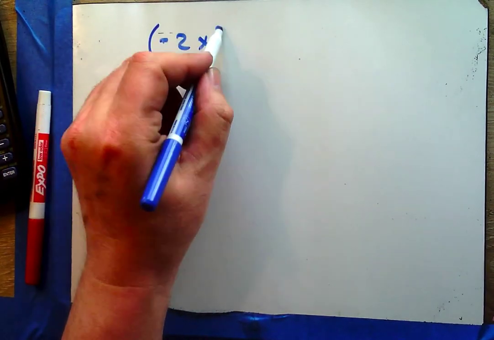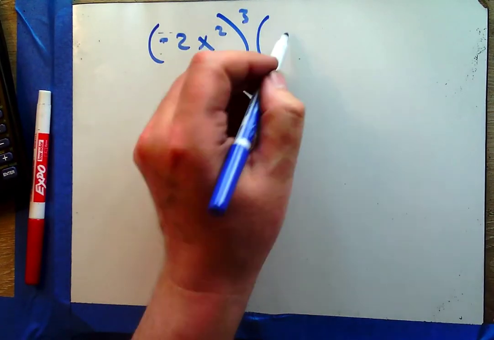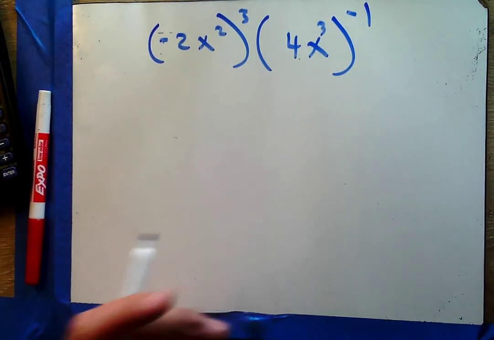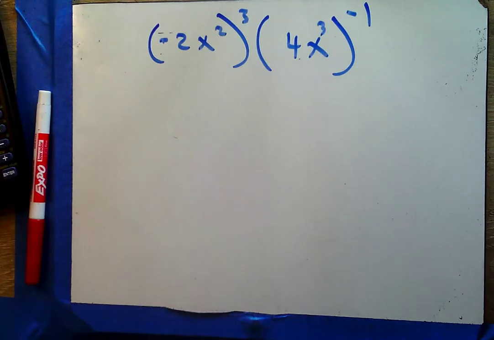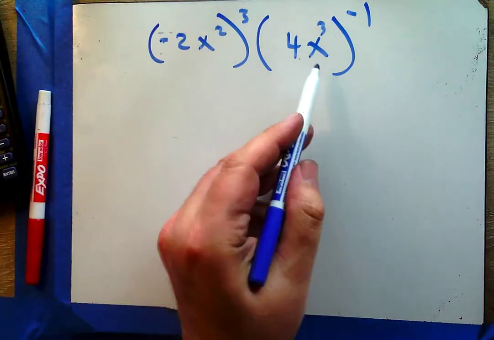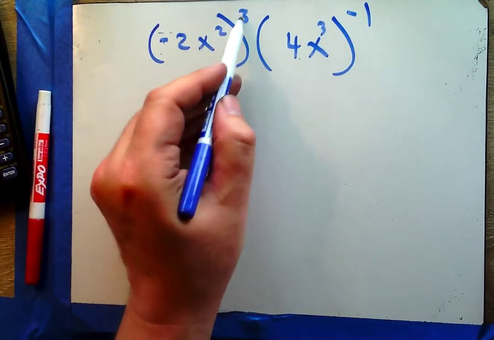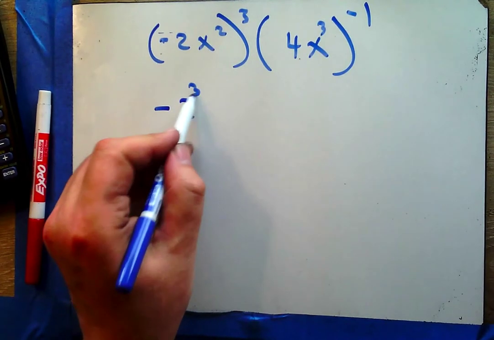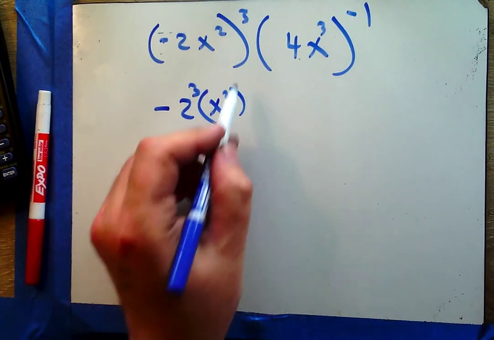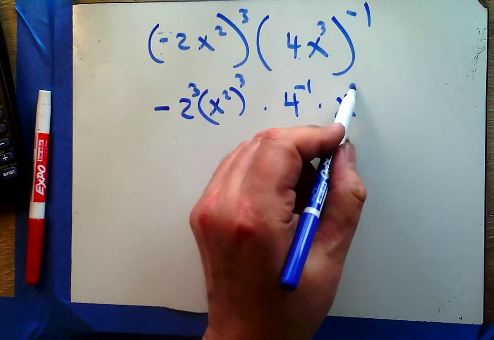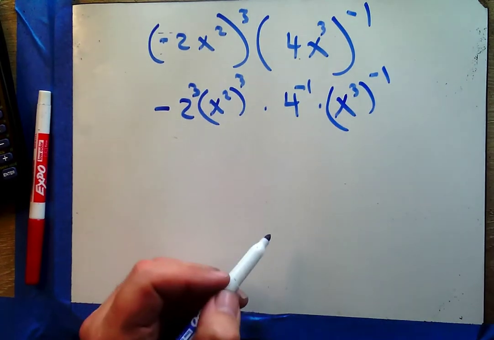Negative 2x squared to the third, 4x to the third to the negative 1. Please simplify that expression. Okay, so I don't see any pluses or minuses, which means I can just apply those exponents. So I've got negative 2 to the third, x squared to the third, times 4 to the negative 1, times x to the third to the negative 1.